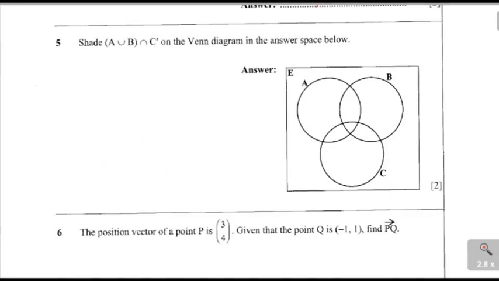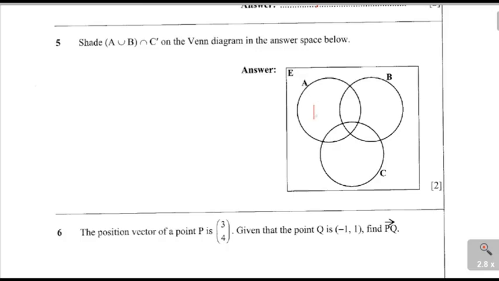Question 5 reads, shade A union B in brackets, intersection C complement on the Venn diagram in the answer space below. To answer this one, they just want you to shade. But what you are going to do is come up with the numbers. You can shade directly, or you can use this method whereby you come up with numbers and put them in these circles.